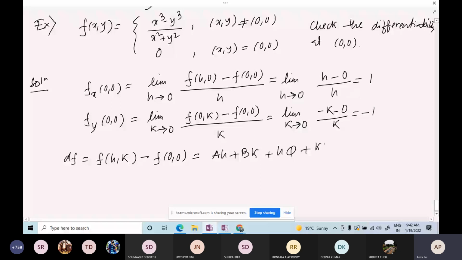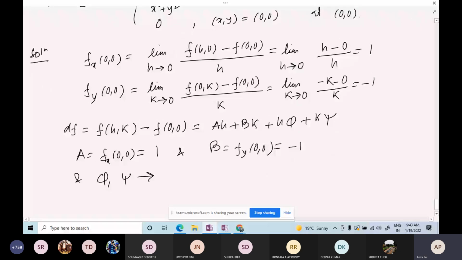A is fx 0, 0, which we found is 1. And B is equal to fy 0, 0, that is equal to minus 1. And phi, psi tend to 0 as (h, k) tends to (0, 0), from the definition.